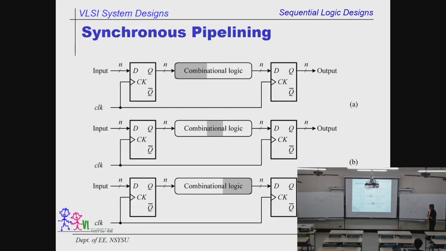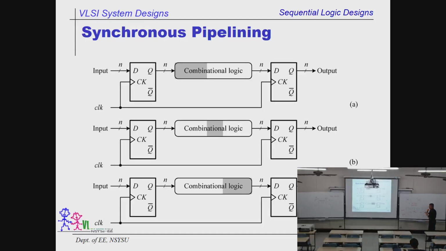The price to pay is that we have a delay in the middle. But let's assume the TD, after we chop it, and then the first data comes over here to be processed, this data 1. Then in the next clock, data 1 is moved over here, and then data 2 comes in.